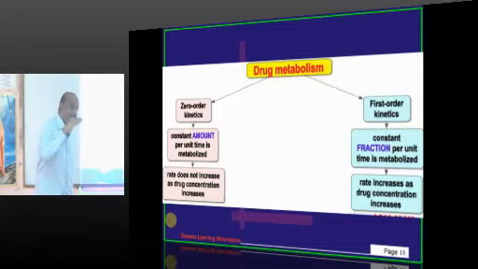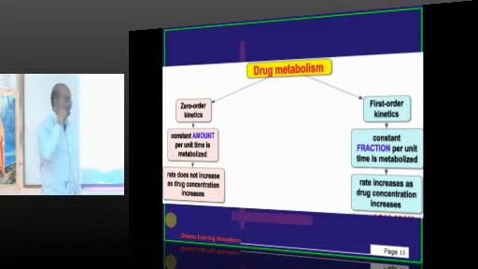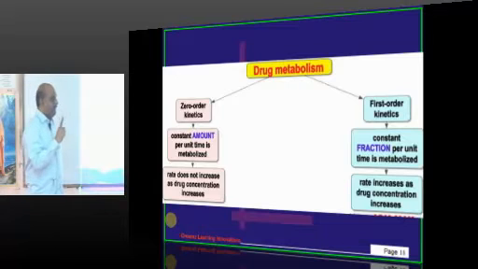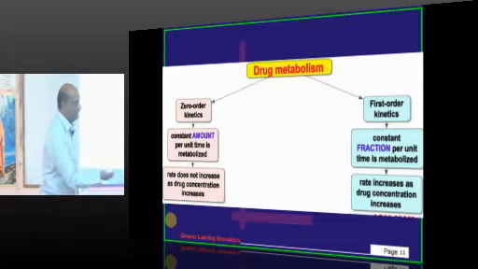For the 95 to become 90, 1 more hour has been taken. For the 90 to become 85, 1 more hour. 85 to become 80, 1 more hour. For every 1 hour, a fixed amount is getting eliminated. That is what is called zero order kinetics.